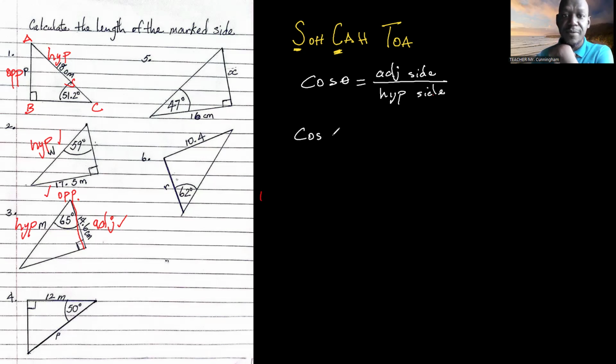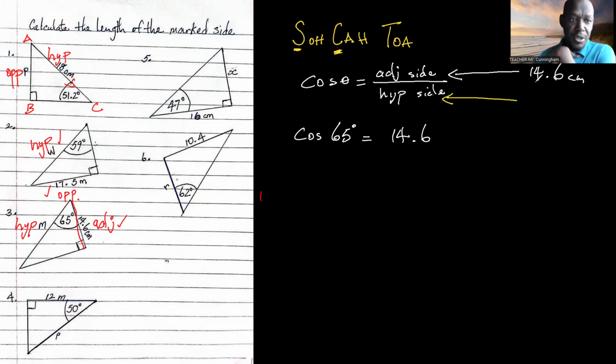Theta is 65. The adjacent side is 14.6 centimeters, and the hypotenuse side is M. So it's divided by M.